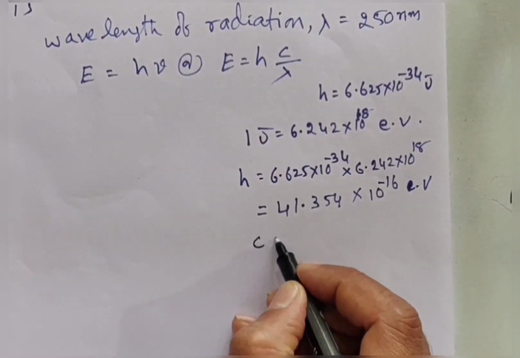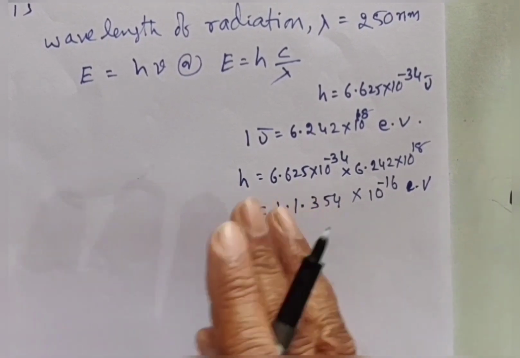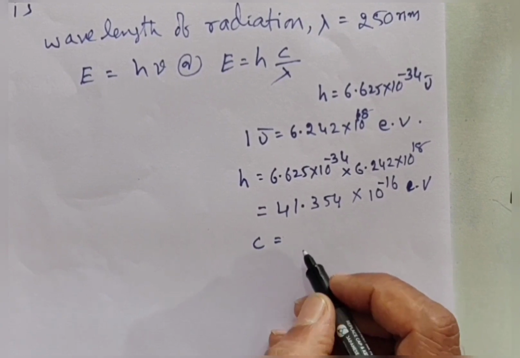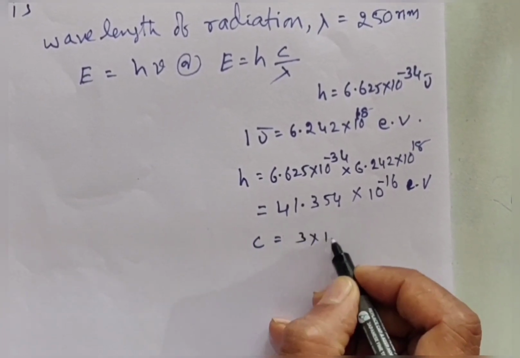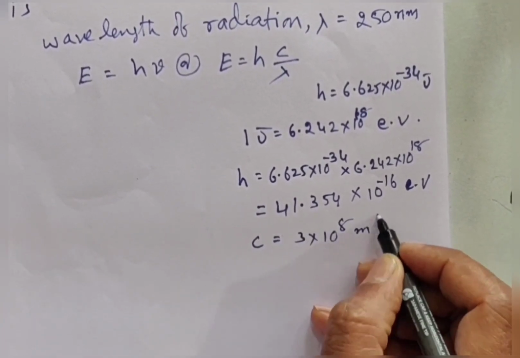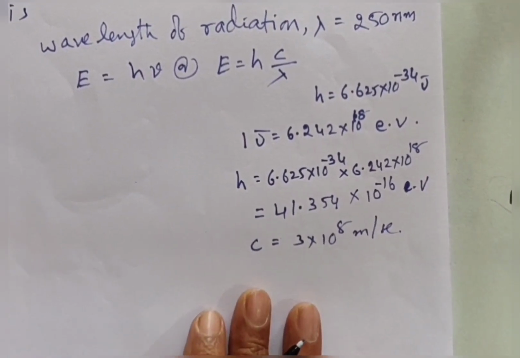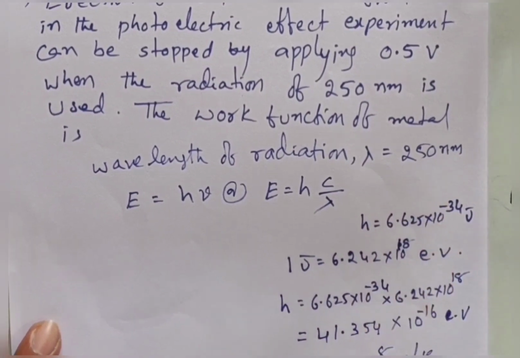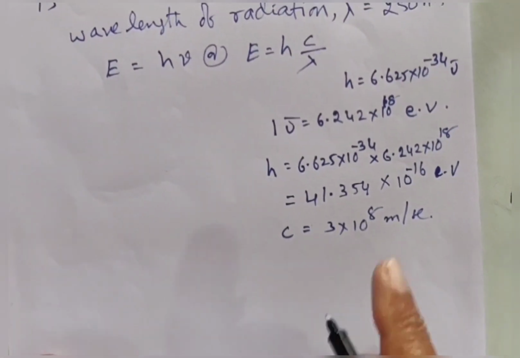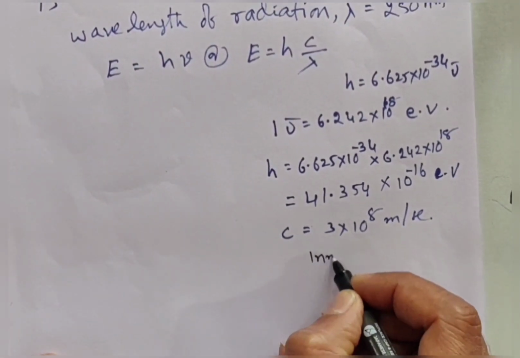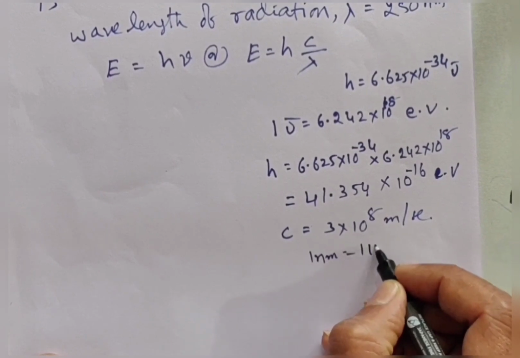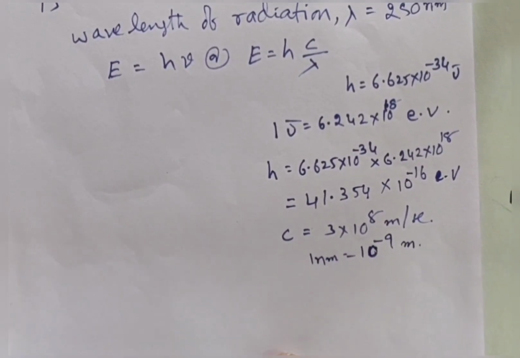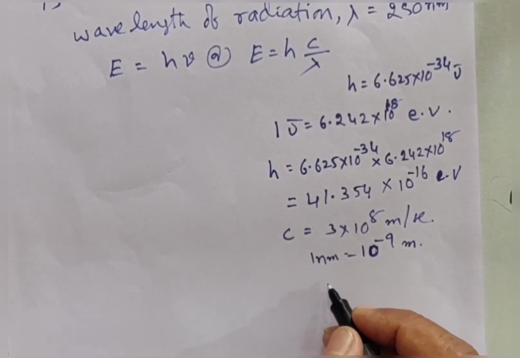Now c is equal to 3 into 10 power 8 meter per second. You have to convert it into nanometers because the lambda value is in nanometers. So 1 nanometer is equal to 10 power minus 9 meters.